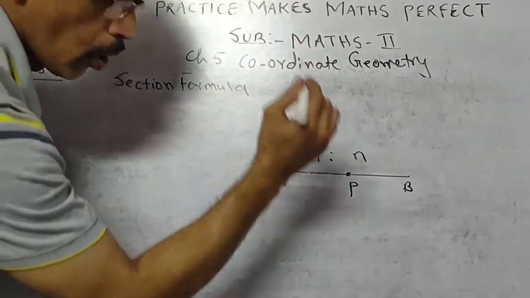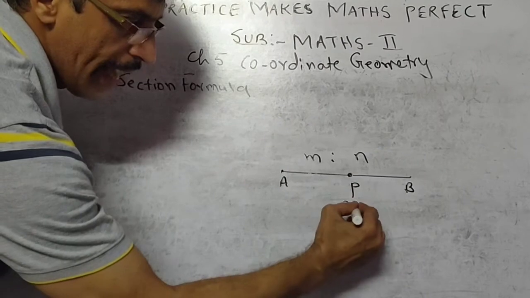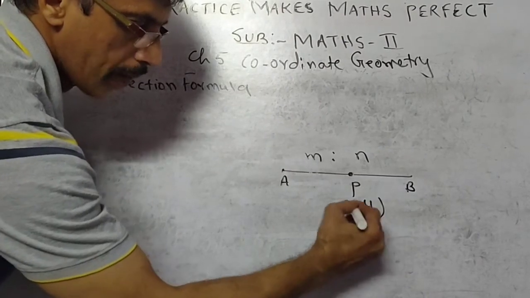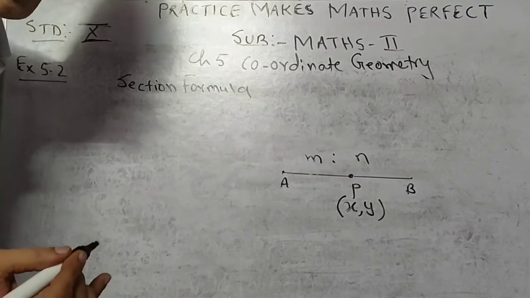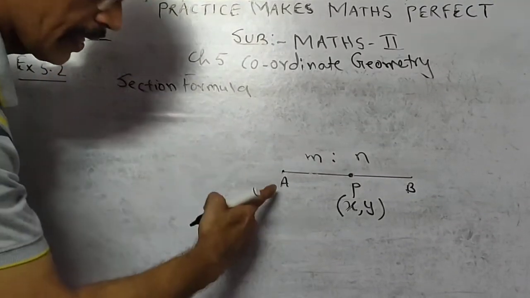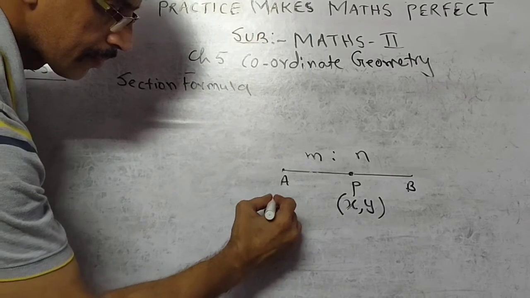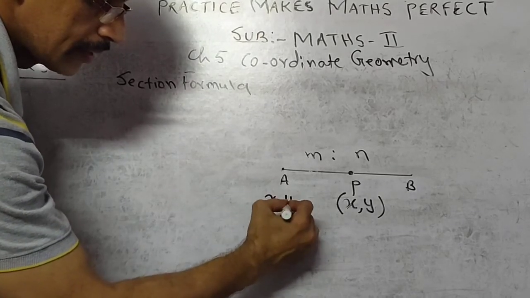So coordinate of P will be x, y. And coordinate of A will be x1, y1.